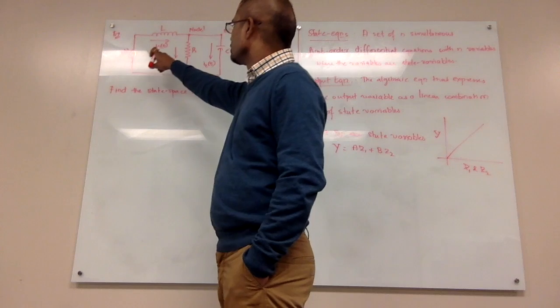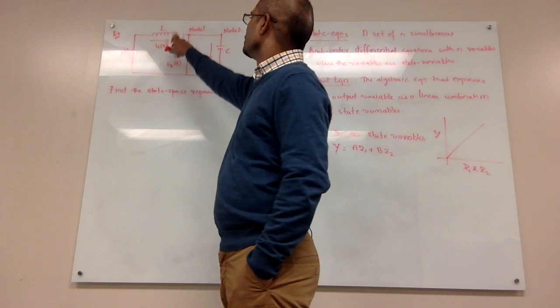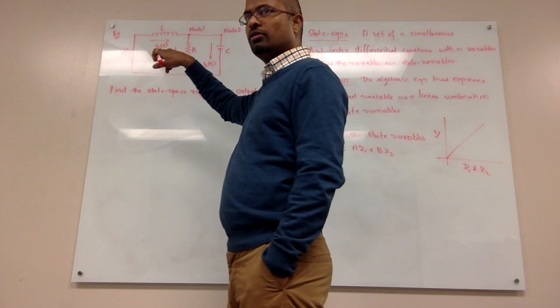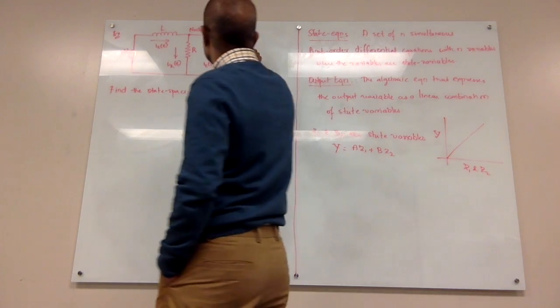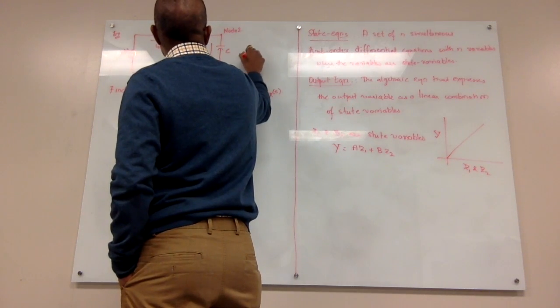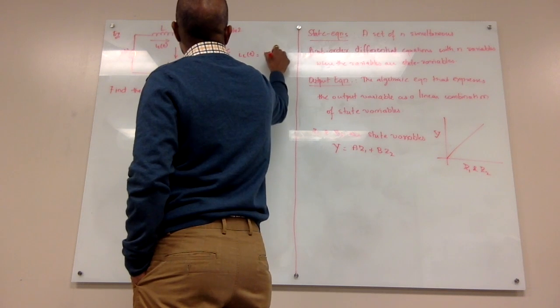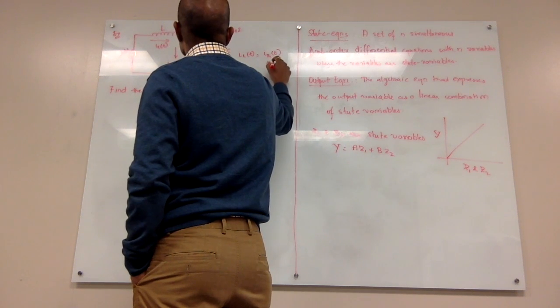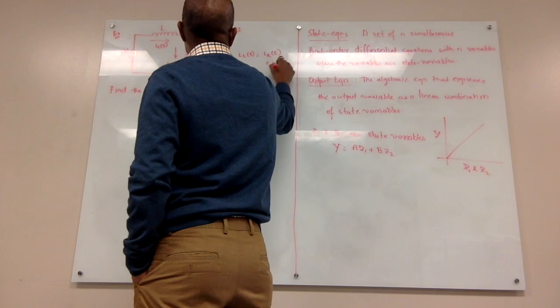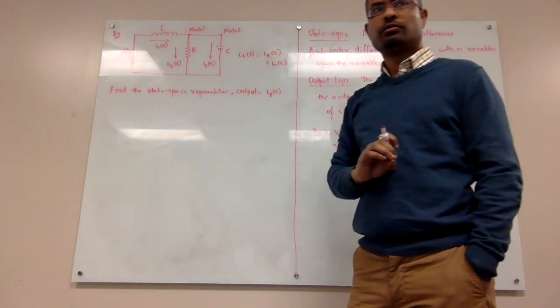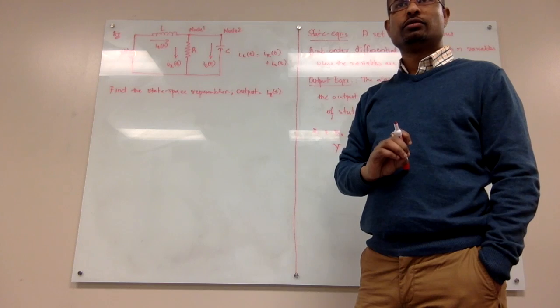The current flowing through this gets split up into IR and IC. So IL is equal to I R of t plus I C of t. Does this make sense?